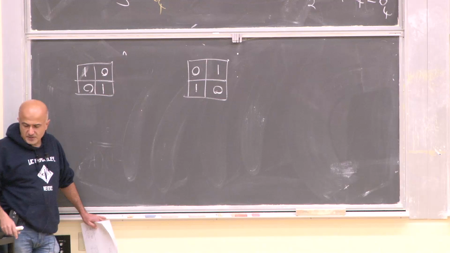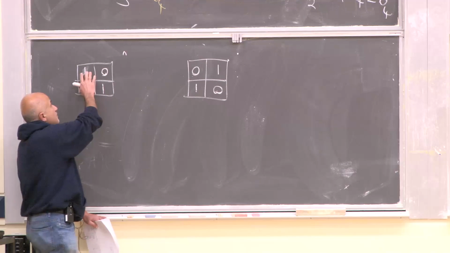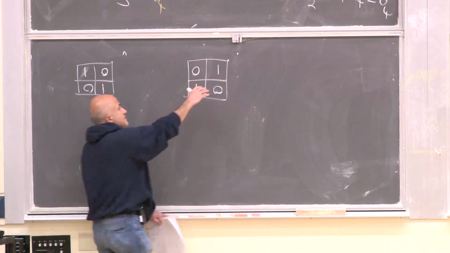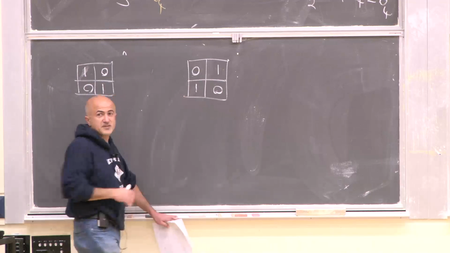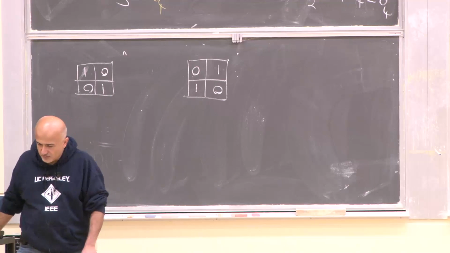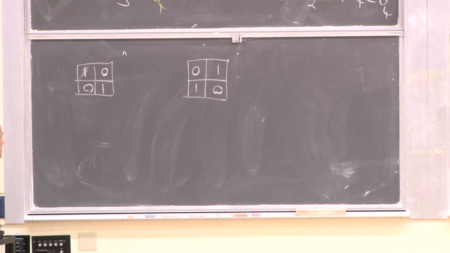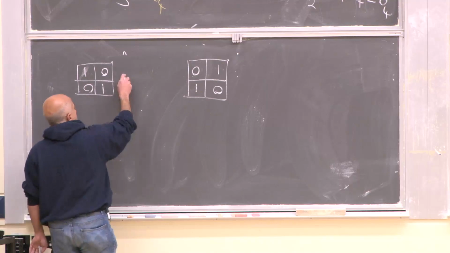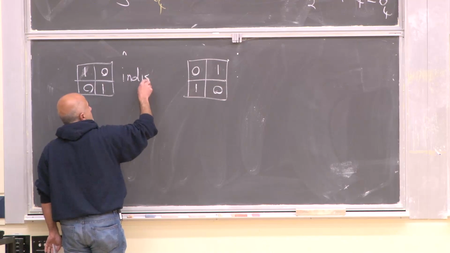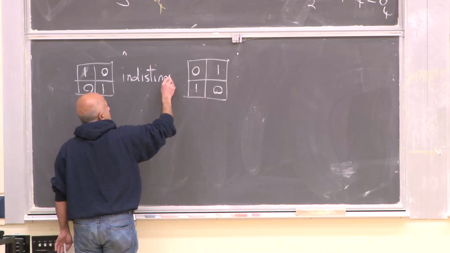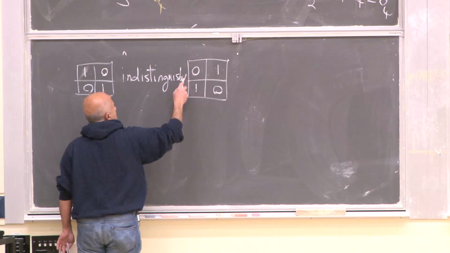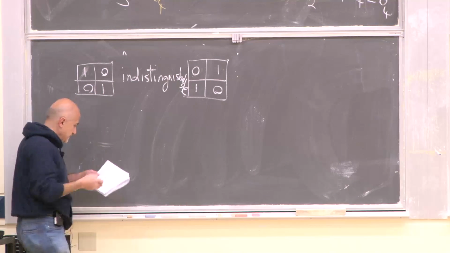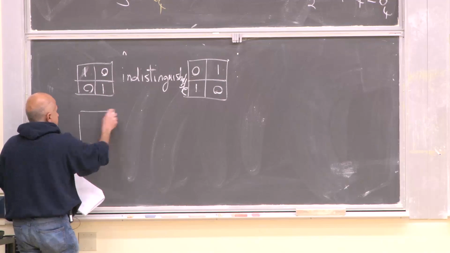I used the cartoon example of a tumor in the left lung and the right kidney versus the tumor in the right lung and the left kidney, leading to a problematic surgery. So these two are indistinguishable. In fact, you can have other configurations that are indistinguishable.